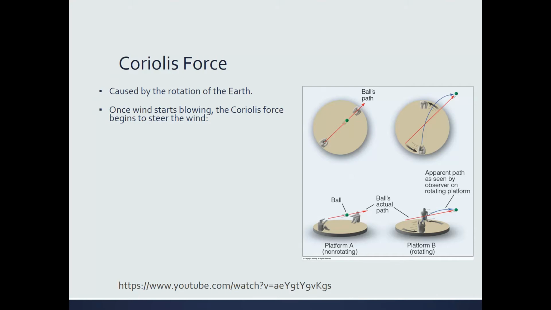Now, what I really want you to know is this. The Coriolis force takes an object in motion and steers it to the right of its path in the northern hemisphere and to the left of its path in the southern hemisphere.